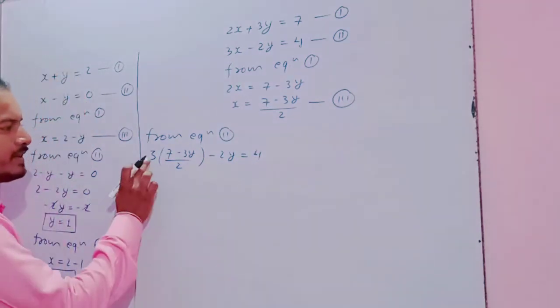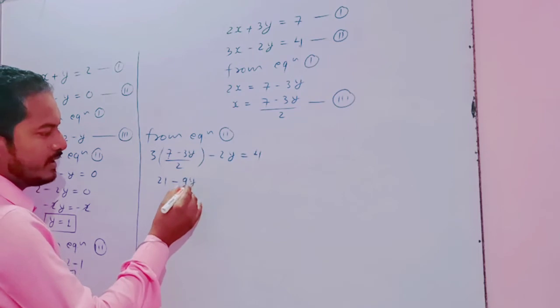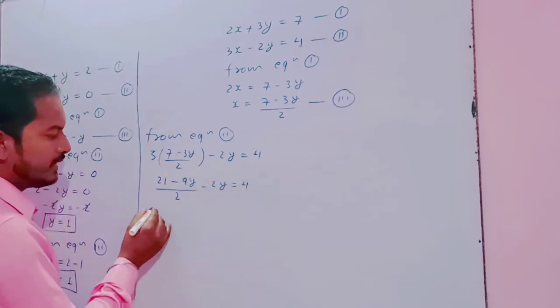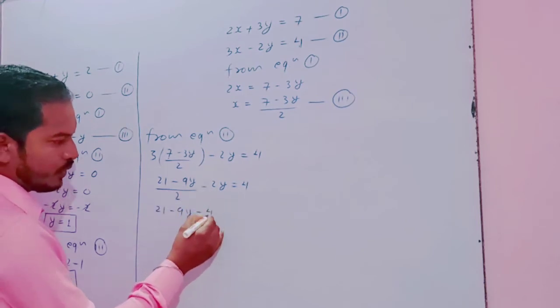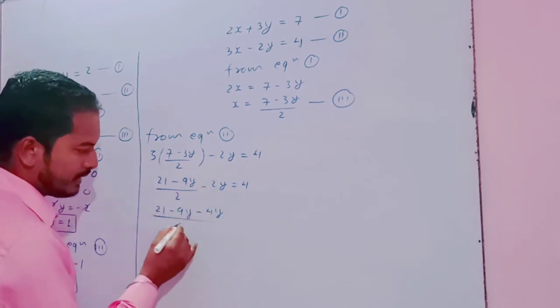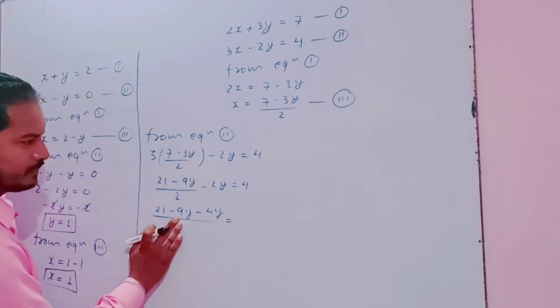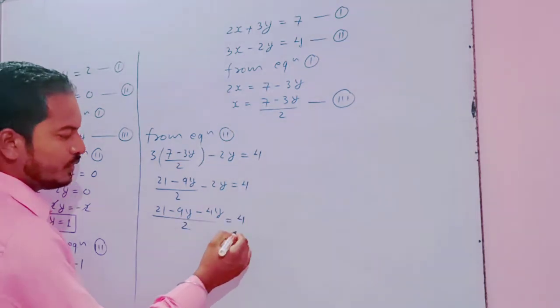Then by solving this, 7 threes are 21, minus 3 threes are 9y, upon 2, minus 2y is equal to 4. It is (21 minus 9y minus 4y) upon 2 equal to 4.